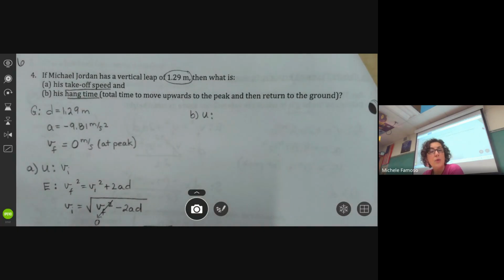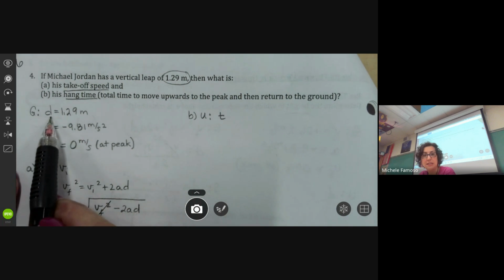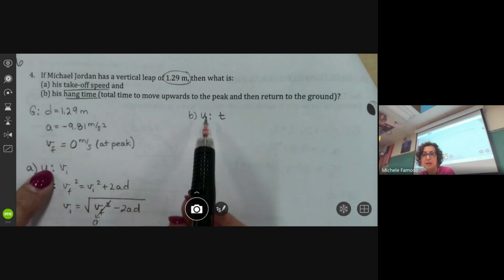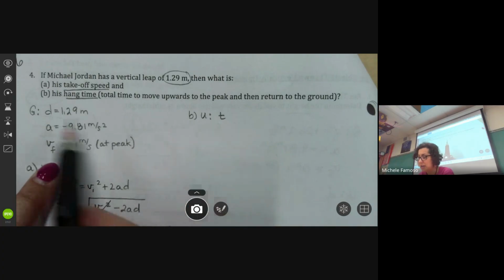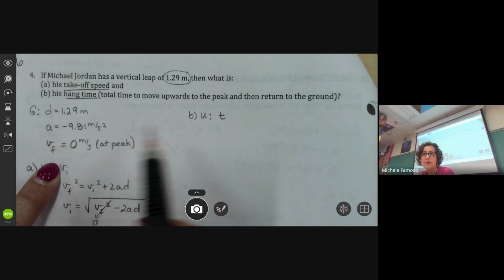Devin, can you tell me what we are looking for in part B? So what letter? T. All right. We need an equation that we can use to help us get T. In this case, I'm not so sure that we have one that involves a D, an A, a VF, and a T. Do you see anything that has a D, an A, a VF, and a T? You do?